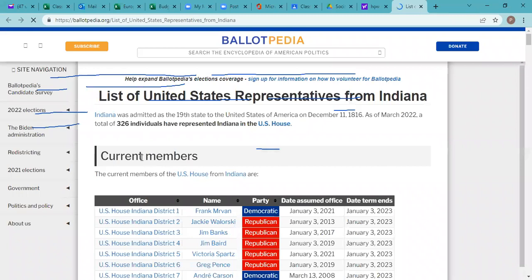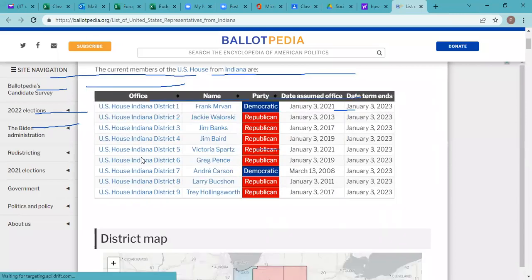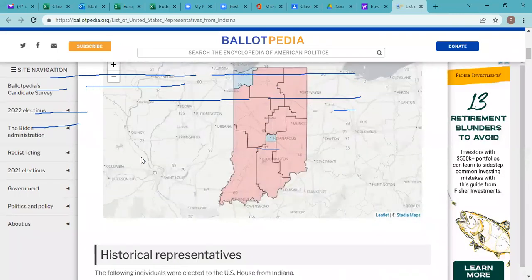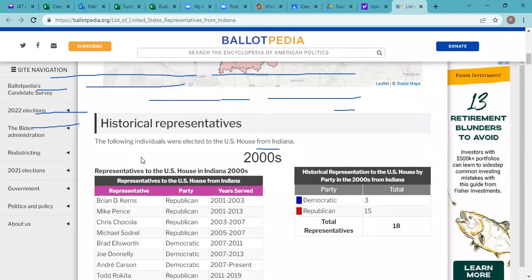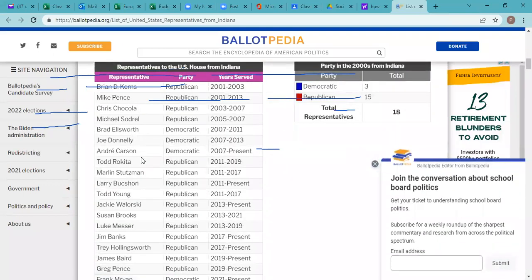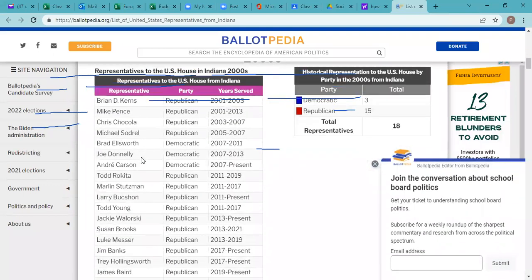Here is kind of a fast website, just to look and see what states and how many House of Representative numbers they have. Let's take a look. All right. So Indiana has 18 House of Representative members. A lot smaller than 53.